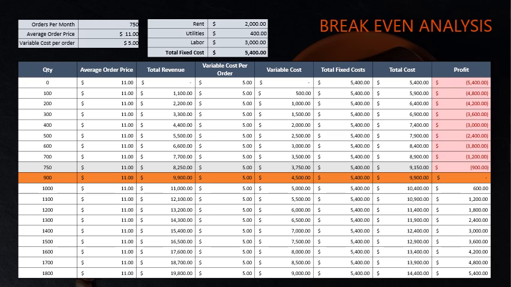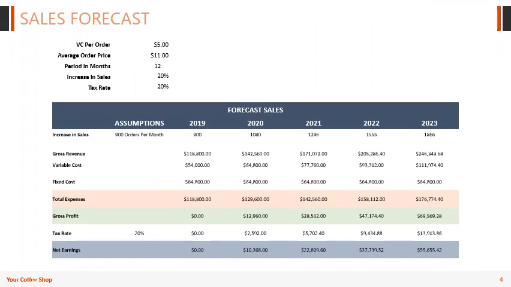We are currently selling 750 orders per month. We need to increase sales by a minimum of 20% to turn a profit. Increasing sales by 20%, meeting the 900 orders per month, our total sales would equal $118,800 for 2019.